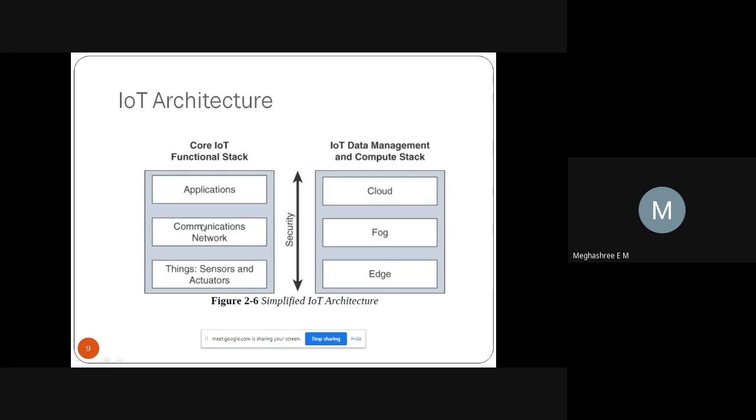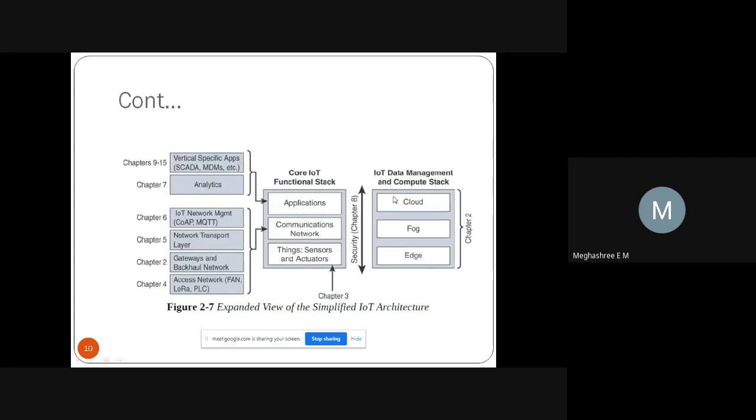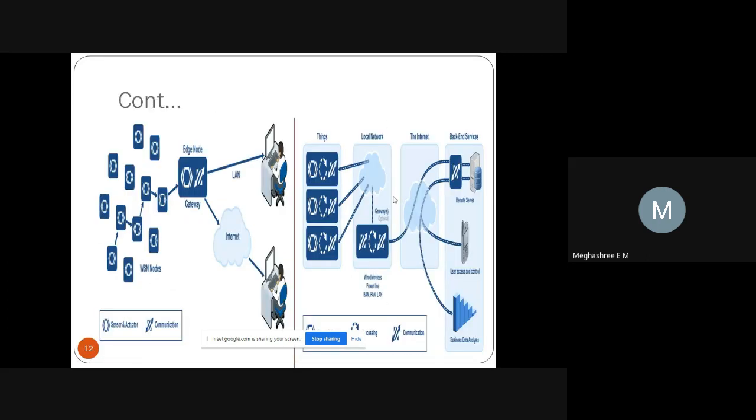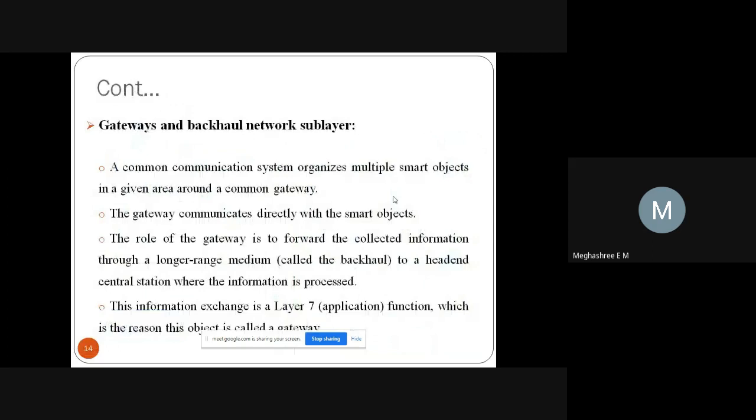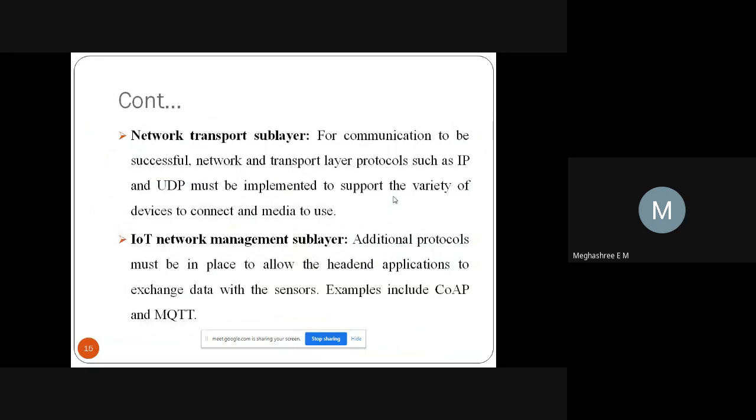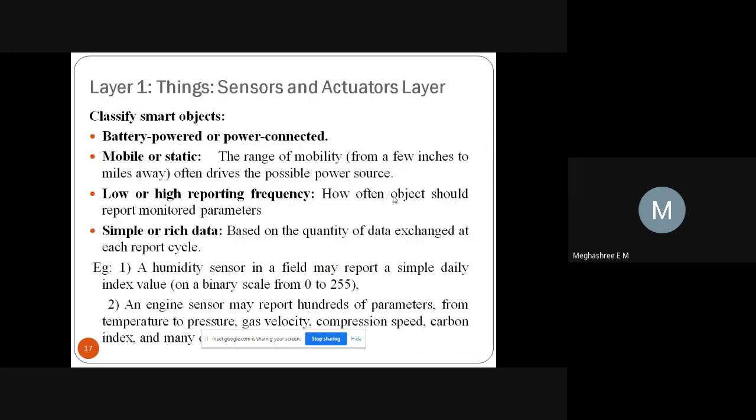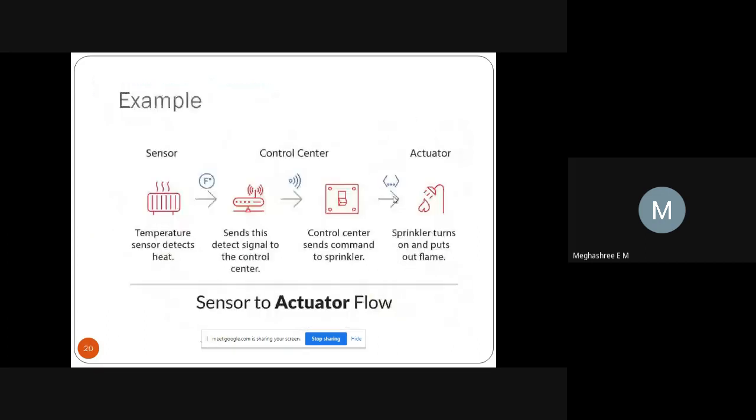At the communication network, the fog layer will take up, and at the application level, the cloud will take care of it. Okay, this is what we discussed, and what each layer includes we just discussed. And each layer of the simplified architecture I also explained in the last class, right?